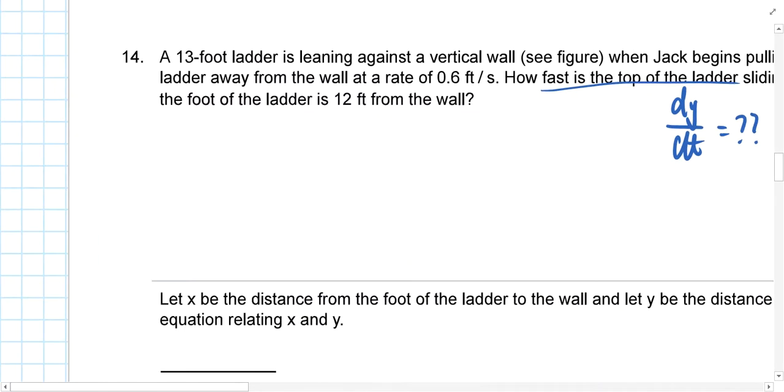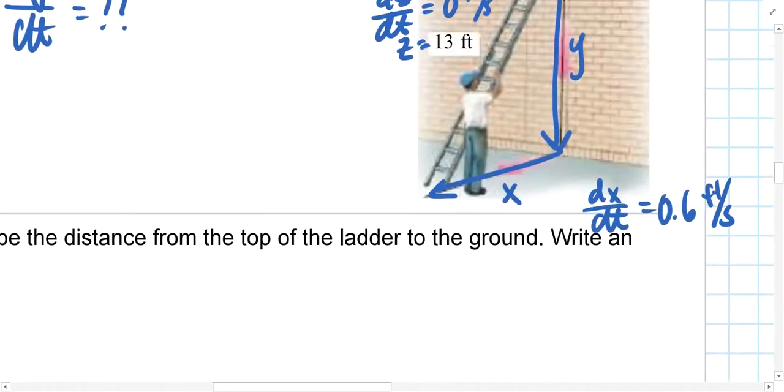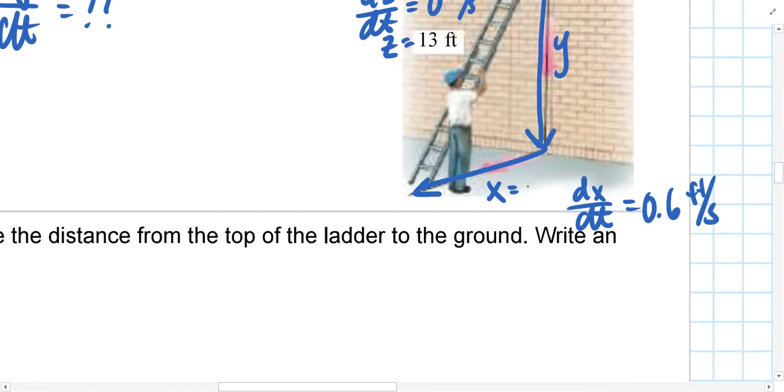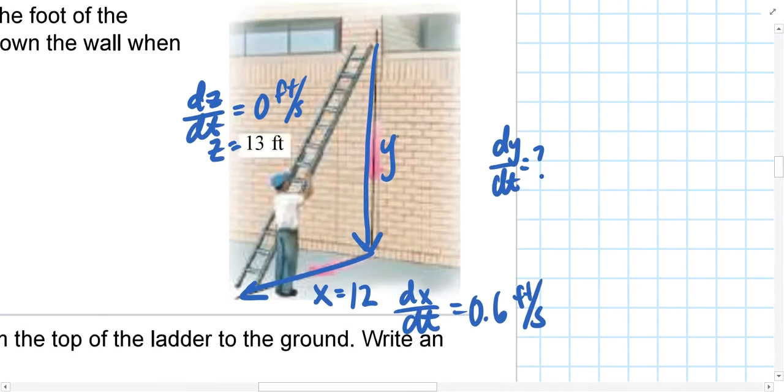And we would do this based on the foot of the ladder being 12 feet away from the wall. So at precisely the moment when x is equal to 12, can we determine dy/dt? Well, a quick computation would help us find out what y is equal to. And we know that x squared plus y squared has to equal z squared.